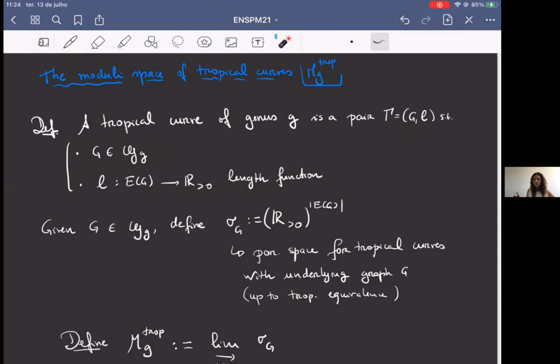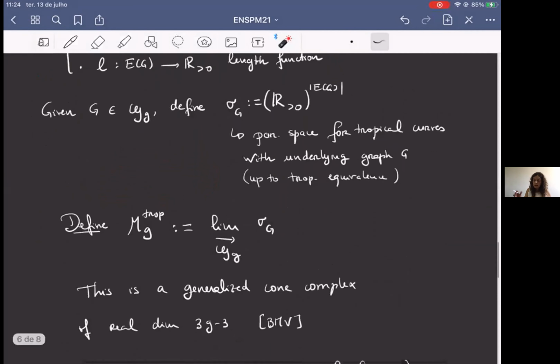And the length function is just an association of real positive values to the edges of your graph. Then, given any graph, you can define a cone, which is the following. You parameterize with this cone all the lengths that you can give to such a graph, the octant where you parameterize all the lengths that you can endow your graph with.